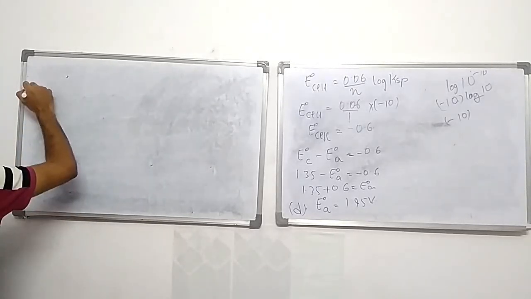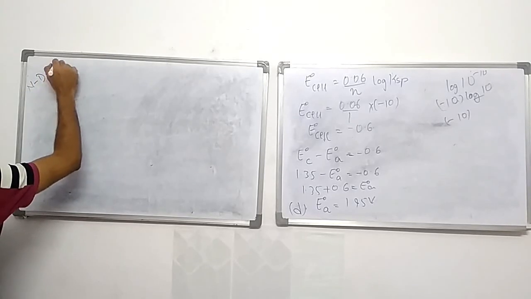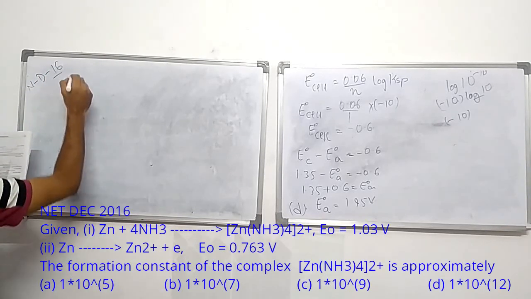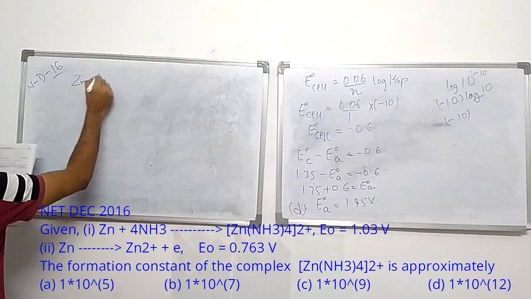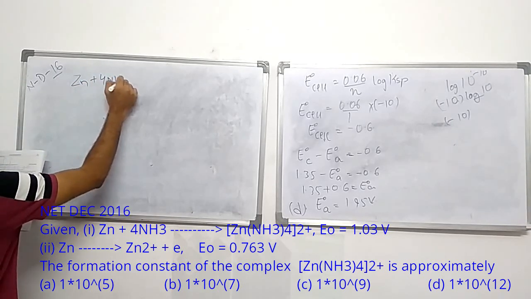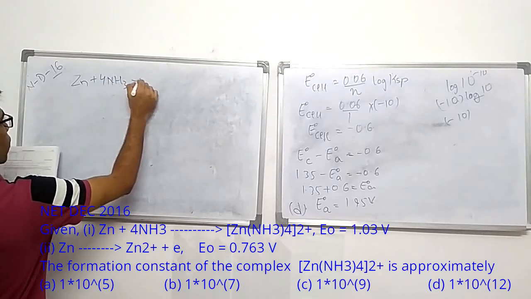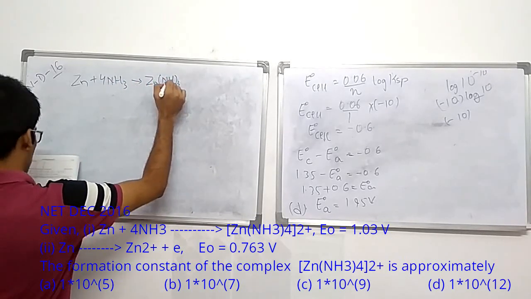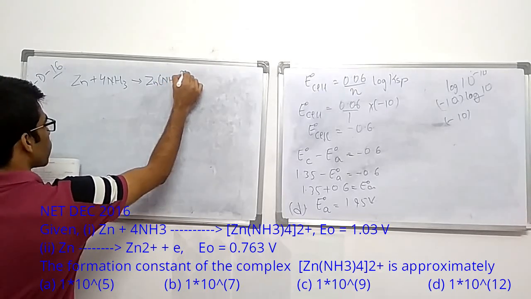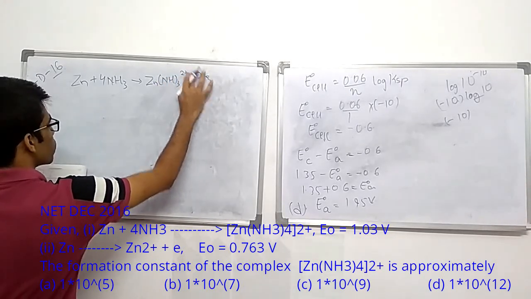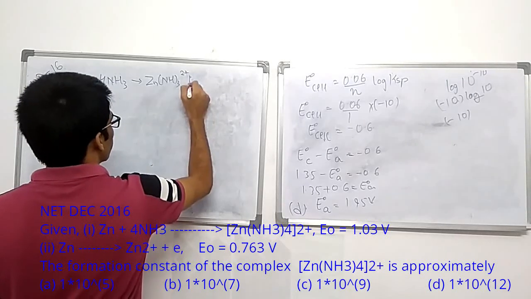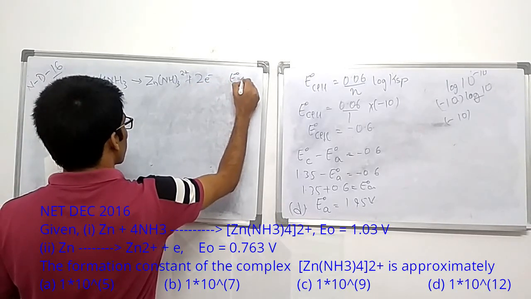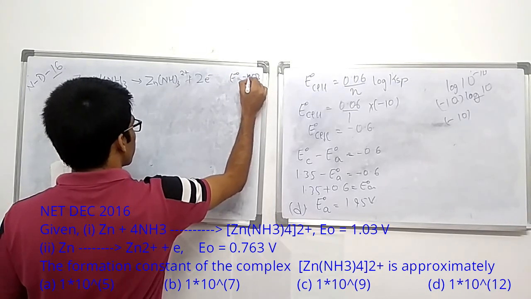They have given zinc plus 4 ammonia forms zinc ammonia complex plus 2 electrons, whose E naught is minus 1.03 volt.